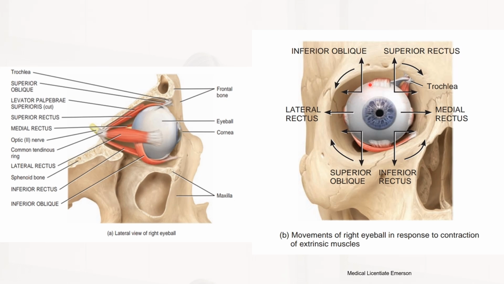They are responsible for movement of the right eyeball in response to contraction of the extrinsic muscles. Let's make progress. For easy remembrance, for rectus, remember there are lateral, medial, and inferior recti, then you have the oblique ones. So for rectus, we are saying there are three.